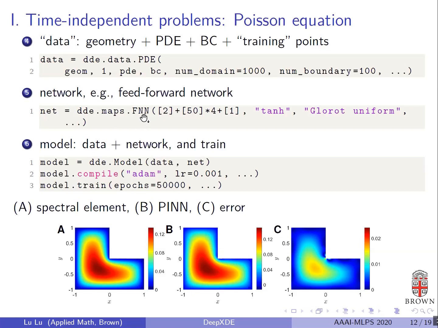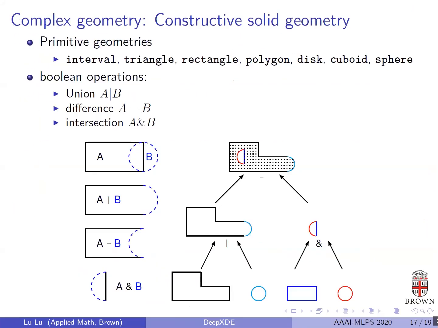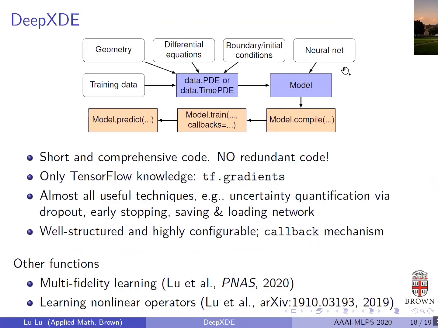And then why don't you let the user define the neural network in TensorFlow? It's doable. As I mentioned here, this module can be easily extended by the user. For example, the user can define a new network and apply it to the software. But we provide a few standard networks.